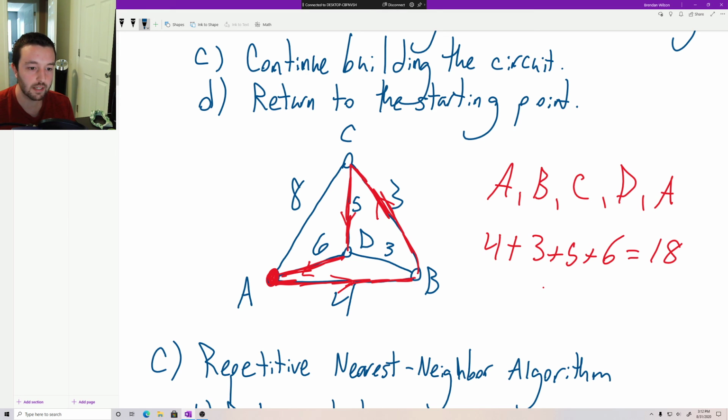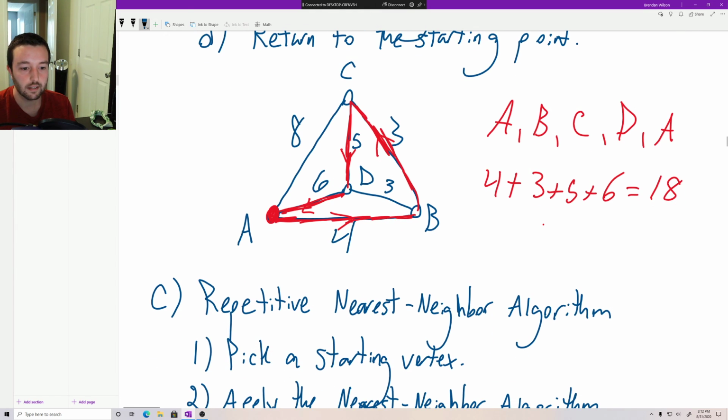So if we start at B, we'd have to go either to D or C, and then we'd get 2 different paths that way. And then we try it starting at C, right? So we start at C and we go to B, and then we have to pick between A and D, etc. It's basically just giving you a larger sample size so that, because there's some randomness to this, it's more likely that you'll pick the optimal path.